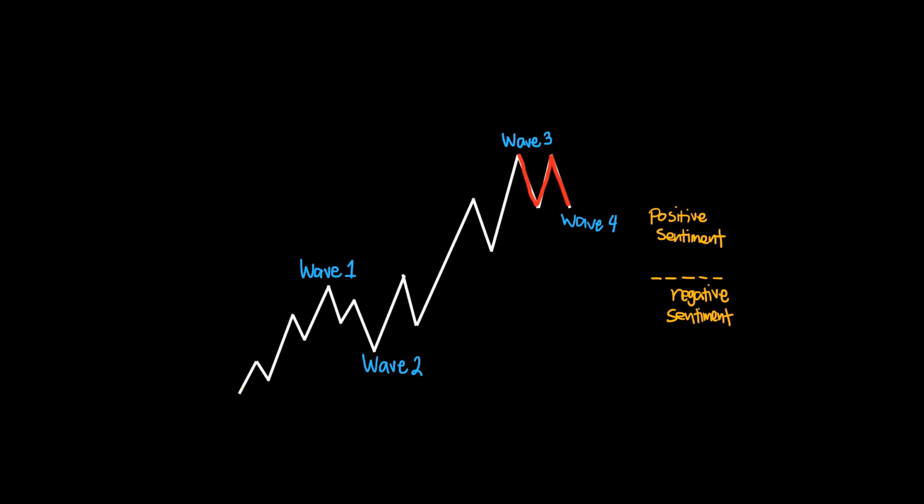And what you need to understand is that since we came from a wave 3, which typically makes sentiment positive, wave 4s are typically shallow corrections, which means that more than half of the time you will observe that wave 4s usually manifest in the form of flats.